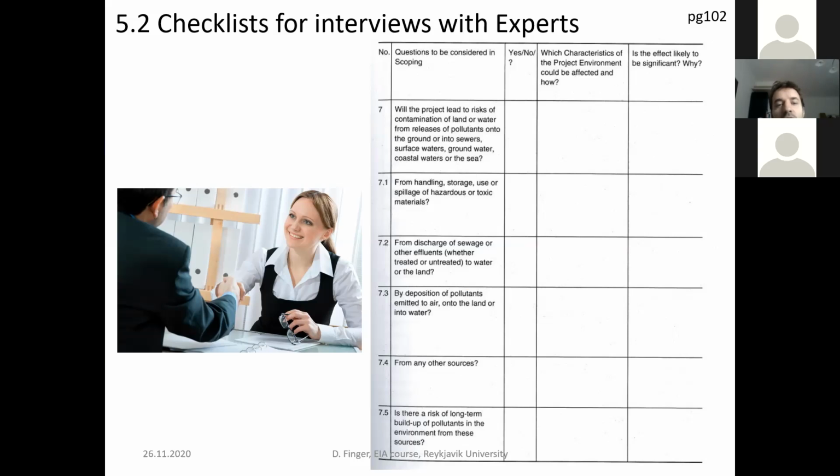So one way of scaling the importance of different impacts is simply by doing interviews and then trying to give each of the impacts a quantitative value, saying, okay, 80% of the people surveyed say that sulfur emissions are the main concern regarding the environmental impacts of a geothermal power plant.